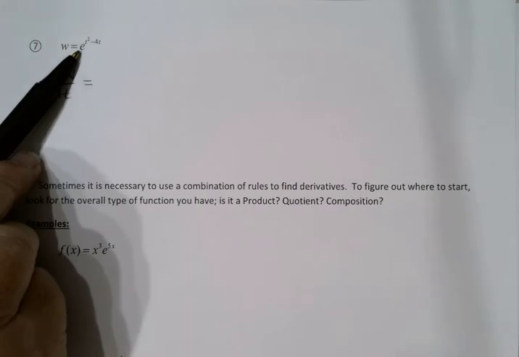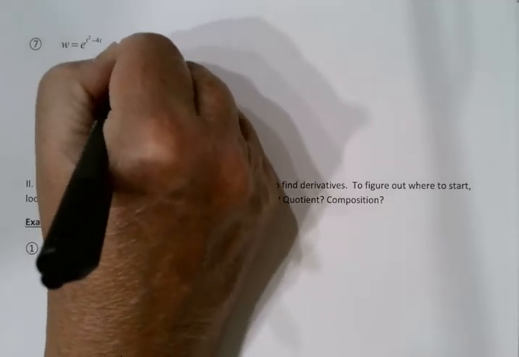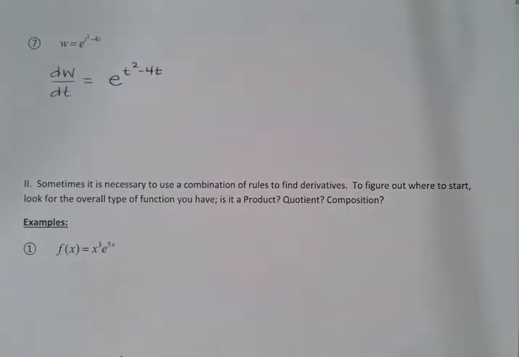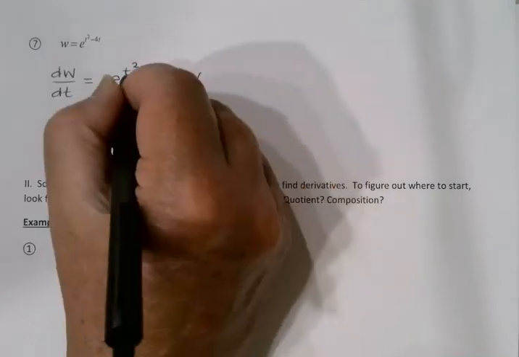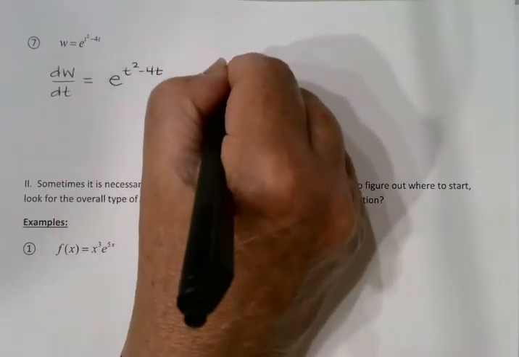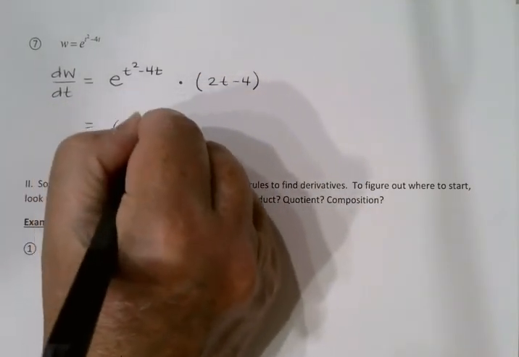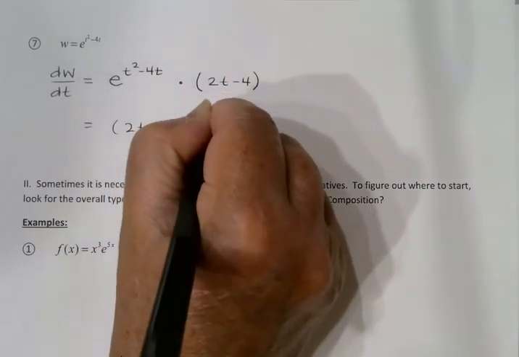The derivative of the exponential base e is itself. So I'm still going to have e to the t squared minus 4t. Then I have to multiply by the derivative of the inner function, 2t minus 4. And other than writing that 2t minus 4 in front, that's done.